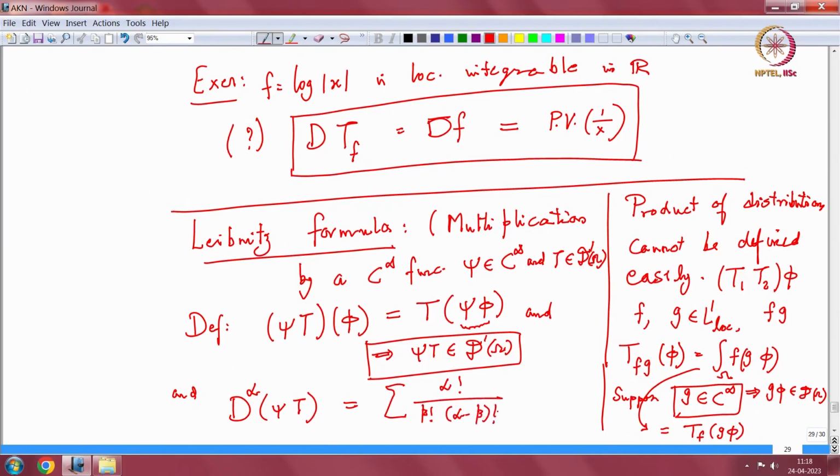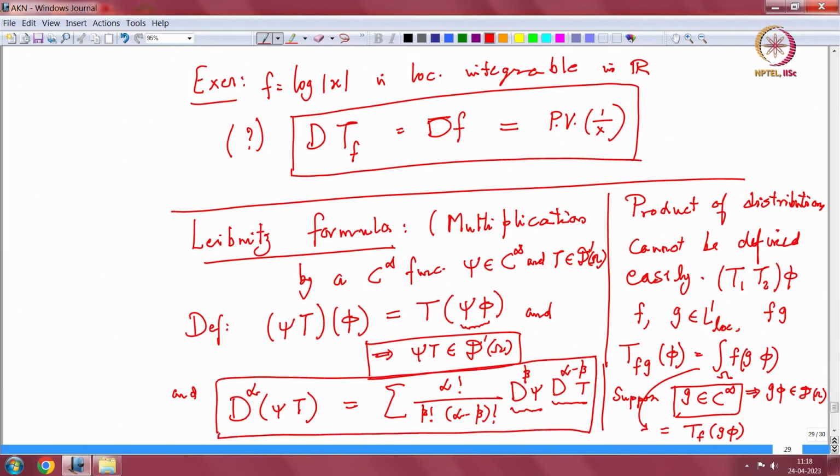These are all multi-indices, so you have the factorial concept for that. So, D power beta of psi into D power alpha minus beta of T. Again, note that this is a C infinity function, this is a distribution, so the product is well defined. That is how you define it, and the Leibniz formula is valid there.